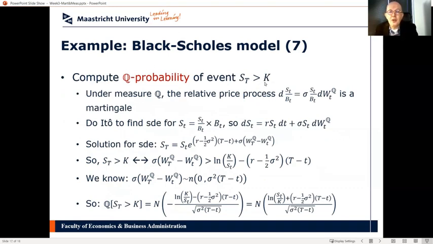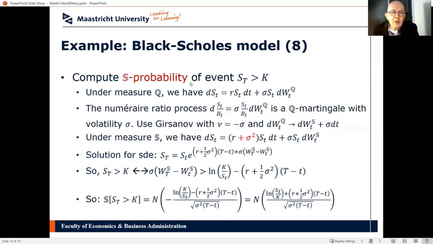Continuing with the Black-Scholes model, we can compute the lognormal Q probability of the event S is larger than K. Well, that's what we already have done on the previous slide, so the Q probability is this N(d2) type of term. If we compute the S probability, we're going to do a change of measure.